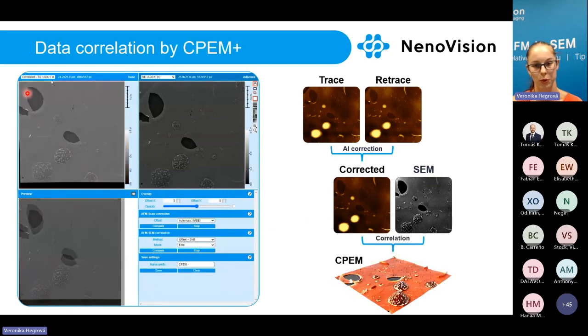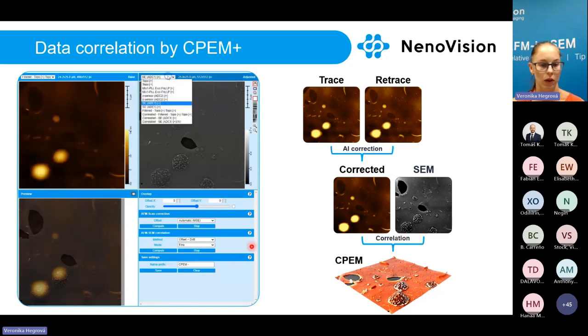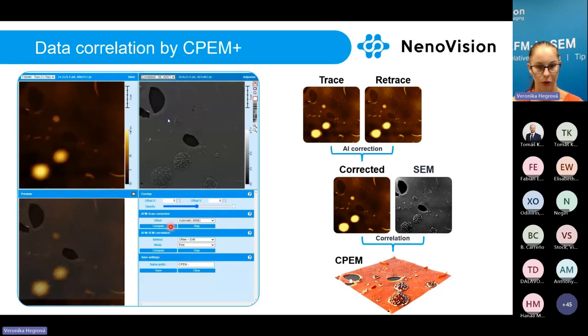And afterwards, we get the CPAM image, as you can see here. And it's all automated, here is the automated function for AFM scan correction. And over here in the NanoView is AFM-SEM correlation. So you can choose if the mode should be rough or fine, and save the data.